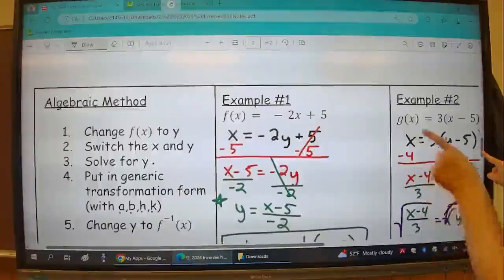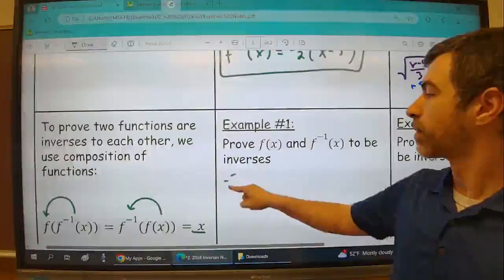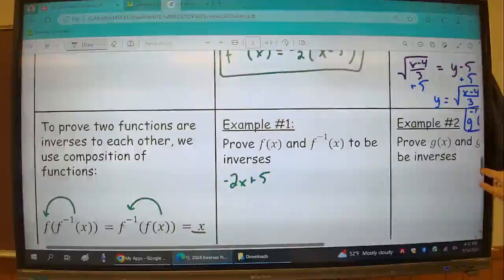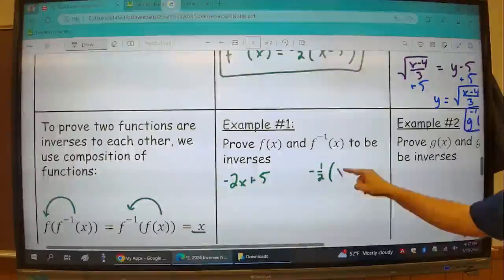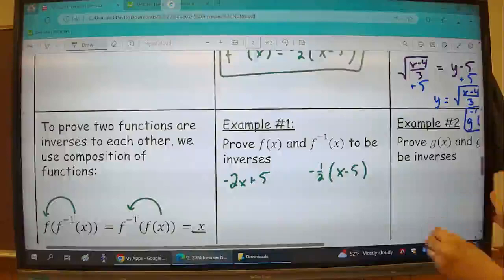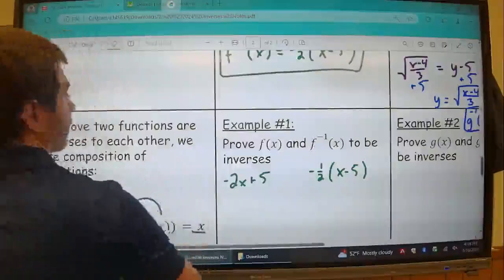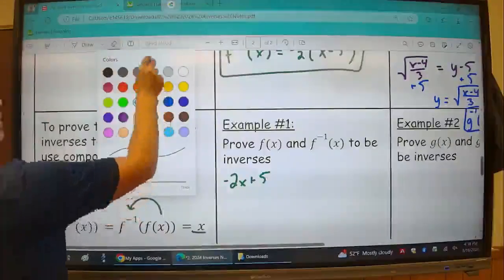The f function, negative 2x plus 5. The f inverse function, negative 1/2 times x minus 5. I'm going to take these two functions and put them into one by plugging one into the other. And I probably should have changed colors to have some kind of differentiation. Let's do that. I'll do blue.